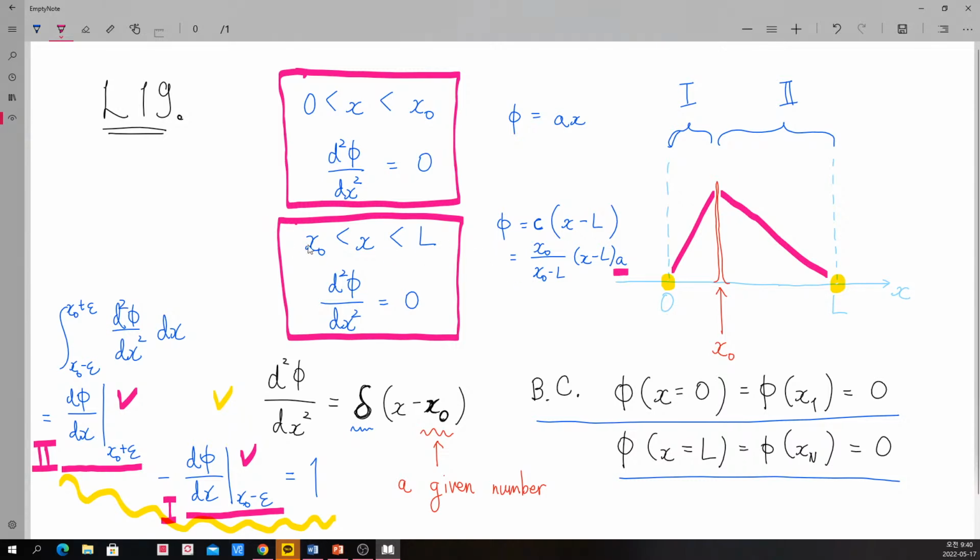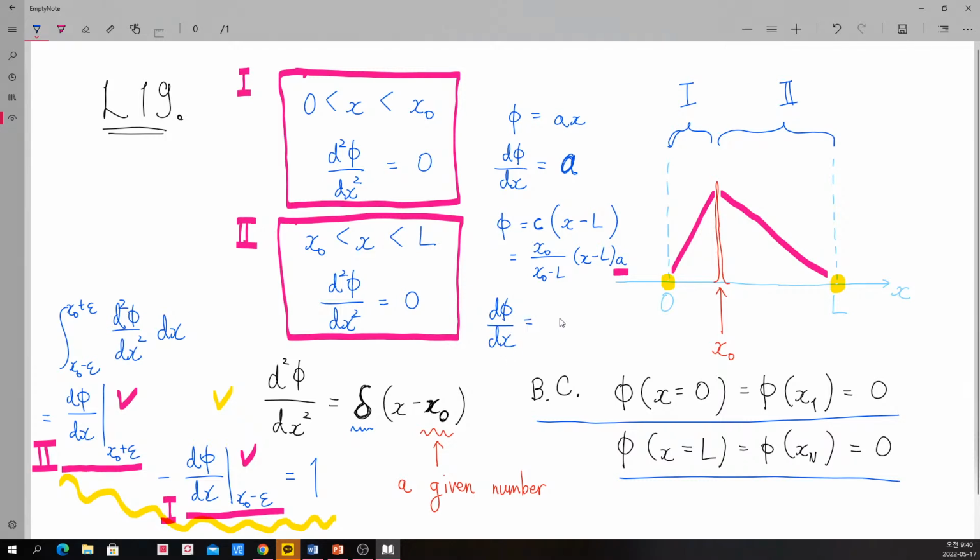So this is region 2 once again, and this is region 1, and when we take the derivative we will have this form. How can I have this first derivative in the region 1? Obviously we will have just a. And how about the region 2 expression?